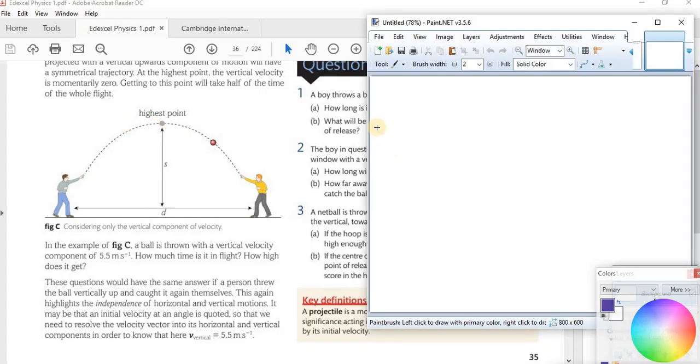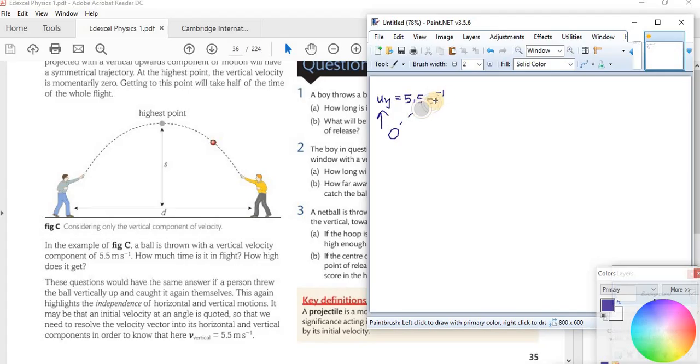We are given only the vertical component of velocity. Sorry, we call it Uy because it's the initial vertical velocity; Vy we will use for the final one. So Uy is equal to 5.5 meters per second. Let's say it takes a path like this.